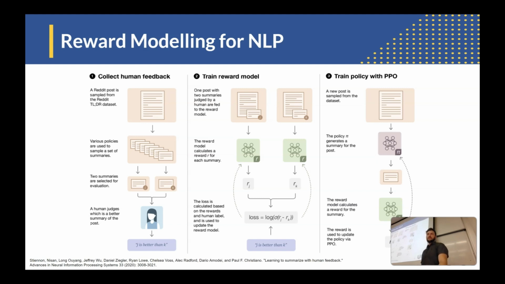Can you give some kind of guess on what the scale is in terms of the amount of data and model size required for step 2? Yeah, let's see if I can remember off the top of my head. I think we're talking tens of thousands of human-labeled preference pairs.